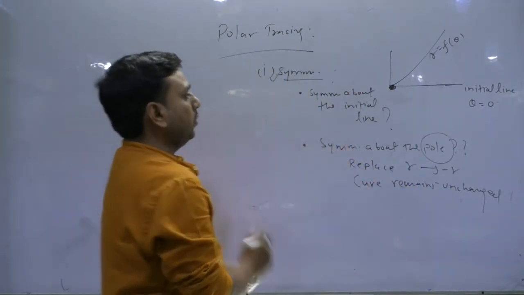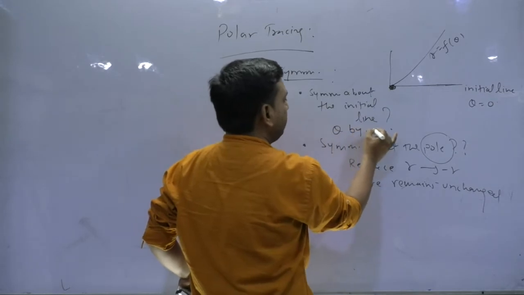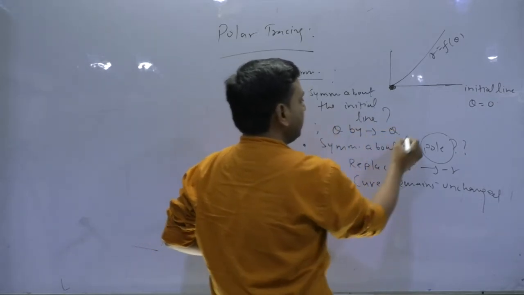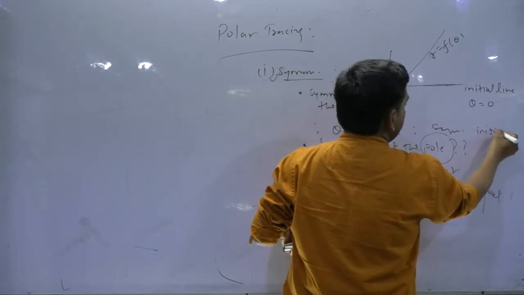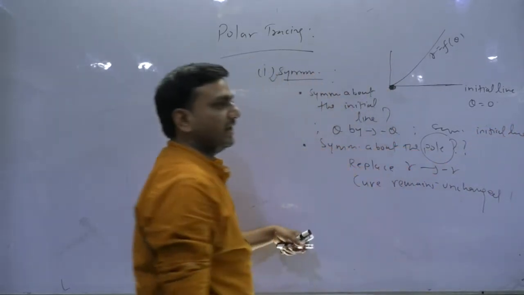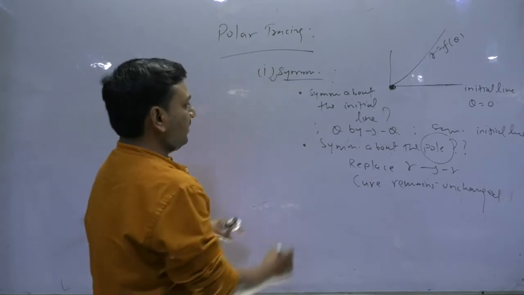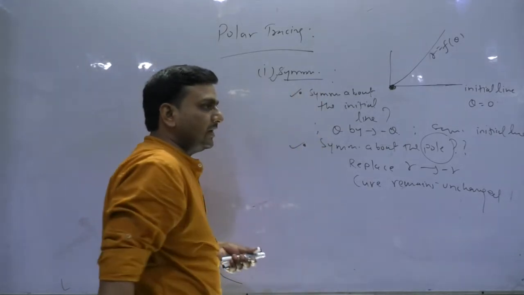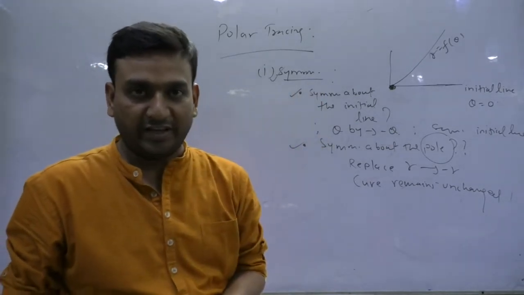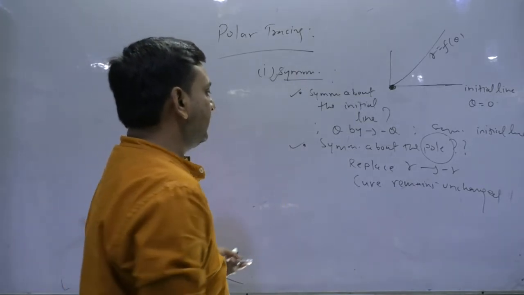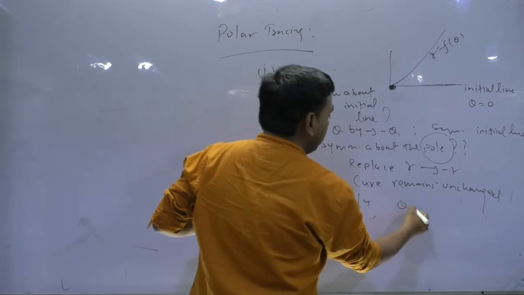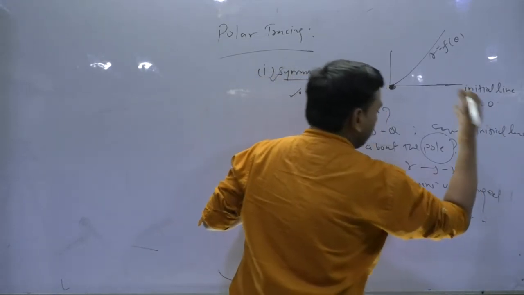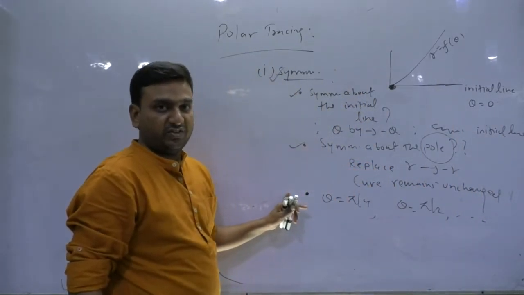And if on replacing theta by minus theta the curve remains unchanged, we say symmetry is about the initial line. Is that clear? In the same manner as we discussed in the Cartesian form, like y equals to x and all, here also we can discuss the symmetry about the line theta equals to pi by 4, theta equals to pi by 2 and so on. The picture is clear or not?